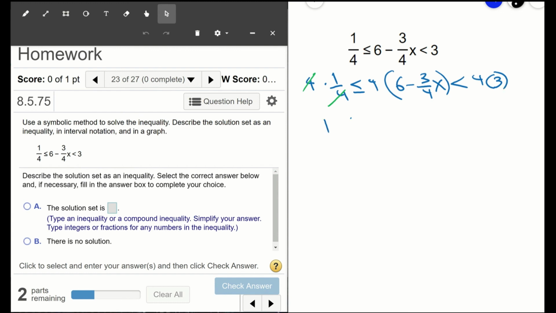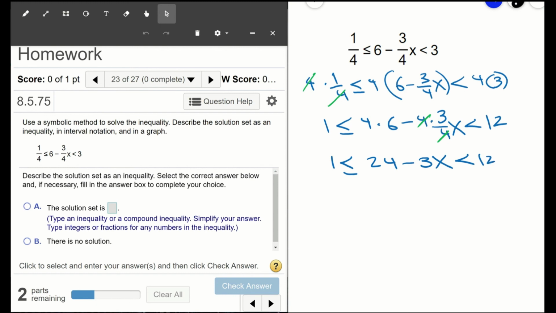So 1 less than or equal to 4 times 6 minus 4 times 3/4 x less than 12, right? Again, we can cross cancel here. So we have 1 less than or equal to 24 minus 3x less than 12.